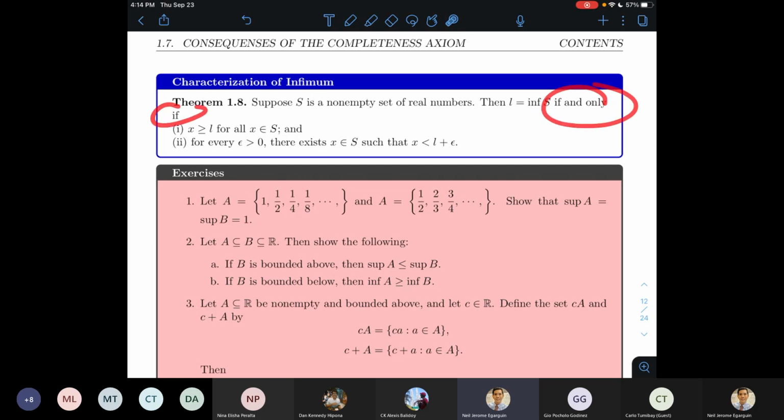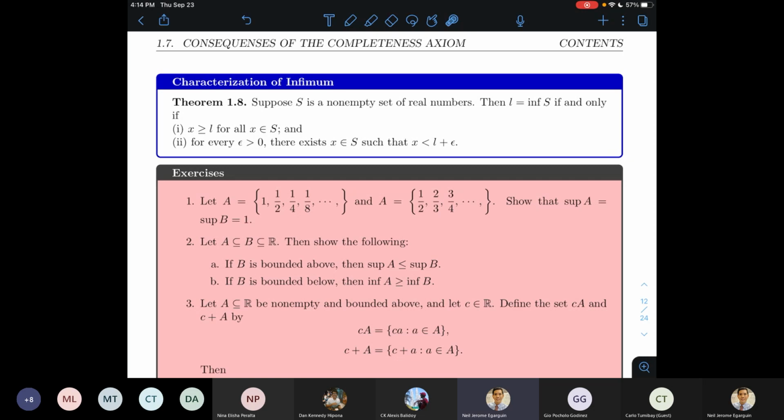Again, it's an if and only if statement, so it's an alternative definition. Condition number 1. x is larger than or equal to L for all x's in S, meaning L on itself is a lower bound. And then second, for any epsilon greater than 0, however small it is, there will always exist an x in S such that x is smaller than L plus epsilon.